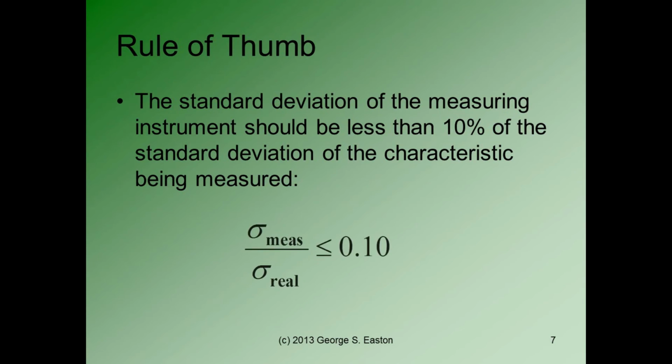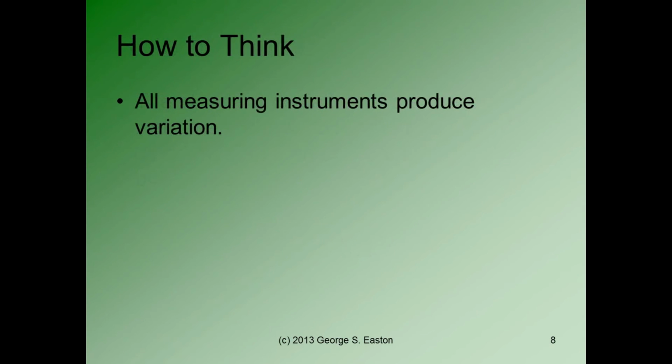We can put this into an equation. The standard deviation of the measuring instrument divided by the standard deviation of the thing that you're measuring ought to be less than or equal to 10%.